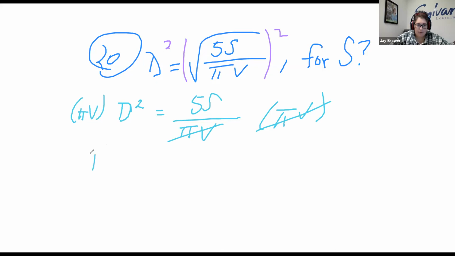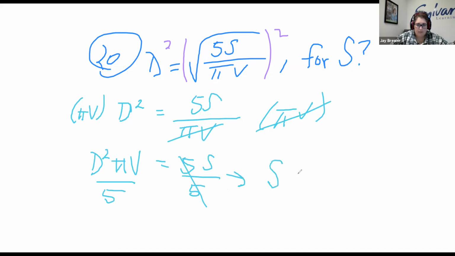And then you get d squared pi v equal to 5s. Gonna divide both sides by 5. So then s is equal to d squared pi v all over 5.